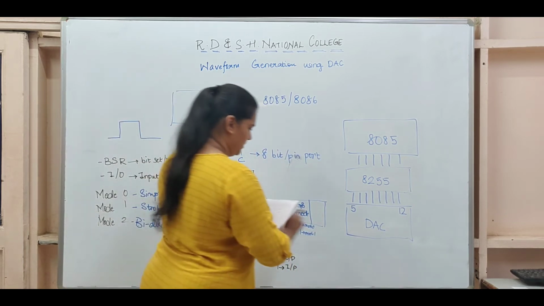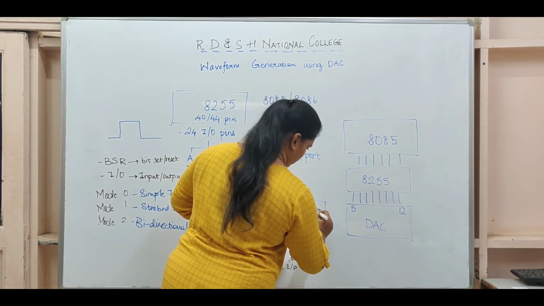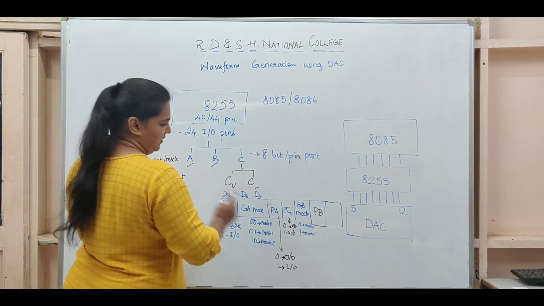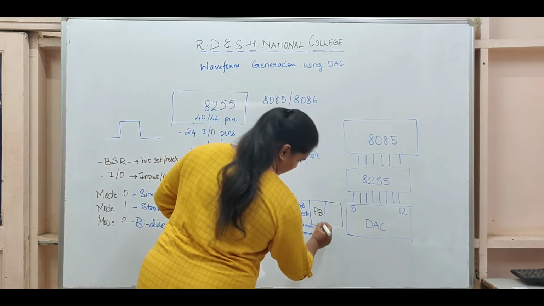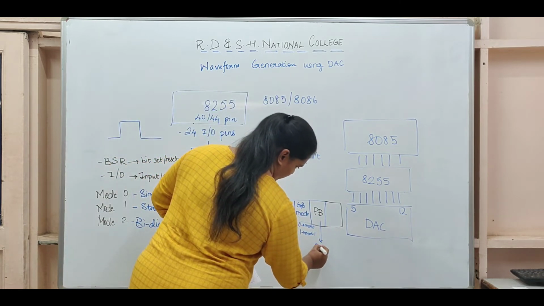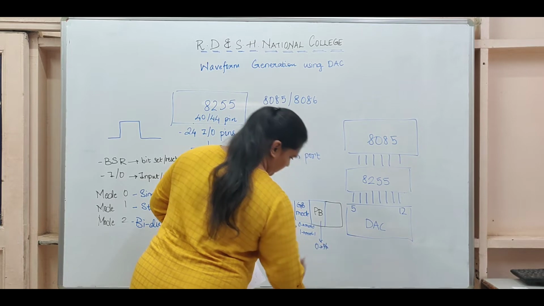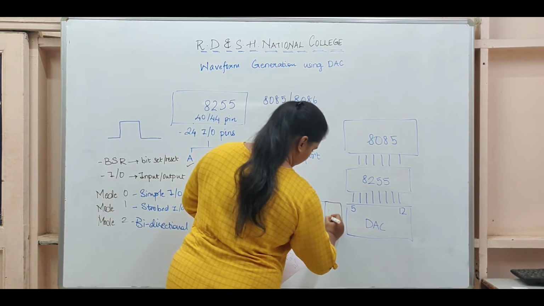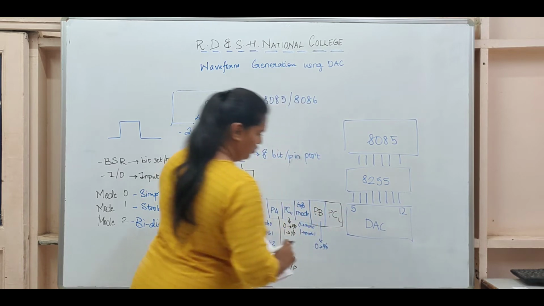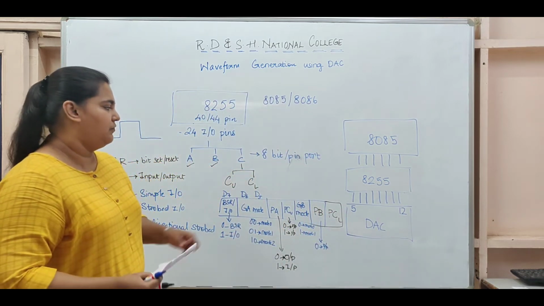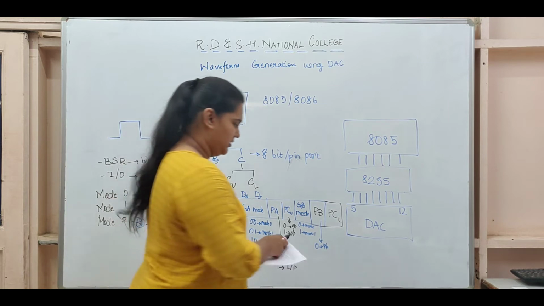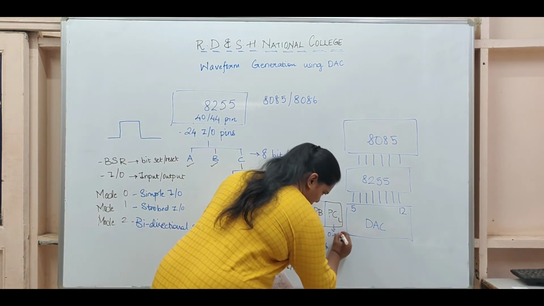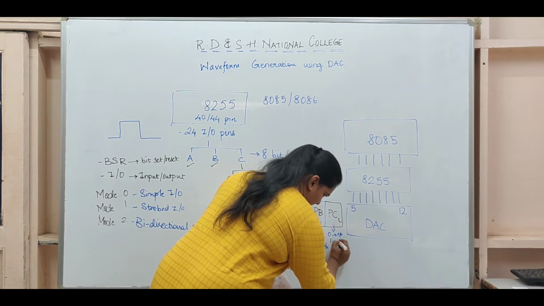The next is PB. PB works similar to PA. If this bit is 0, it is output. If this bit is 1, it is input. And the last one is PCL, the lower nibble of C. Again, if this is 0, it will work as output, and if this is 1, it will work as input.